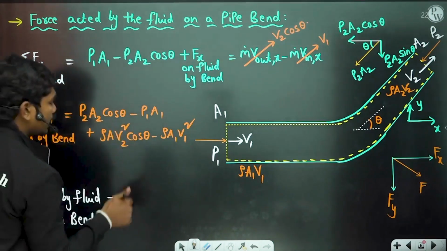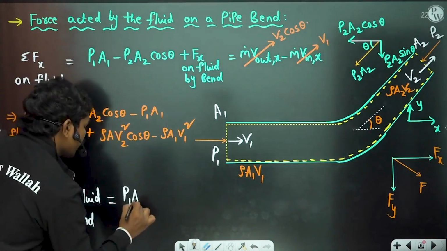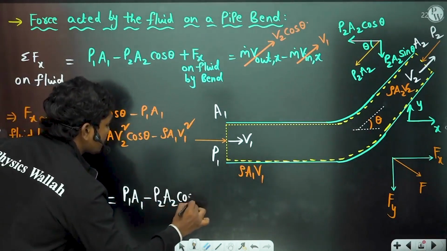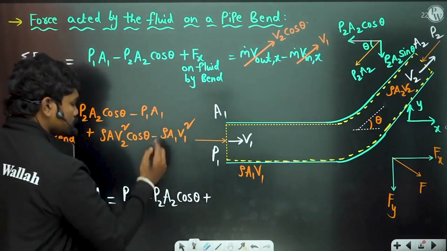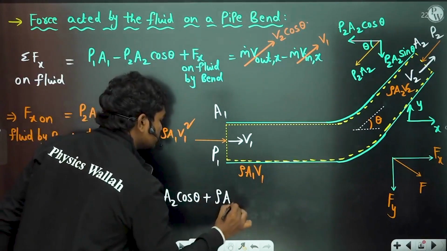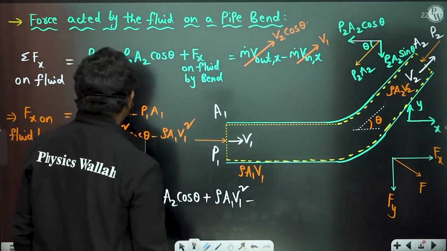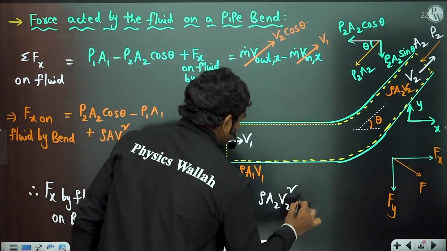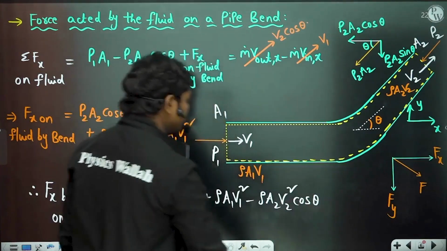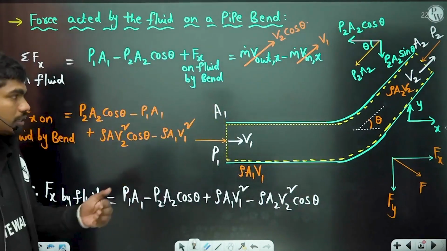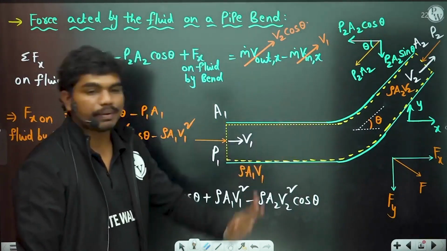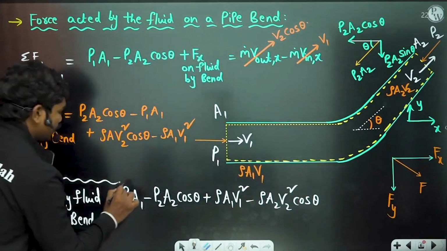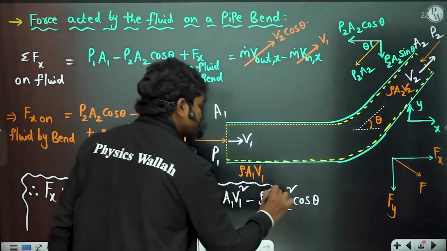So if you take a minus sign, we get P1 A1 minus P2 A2 cos theta plus rho A1 V1 square minus rho A2 V2 square cos theta. So this is the expression for the net horizontal force that is exerted by the fluid on the bend. Okay, so this is how we get the expression for the Fx by fluid on bend.